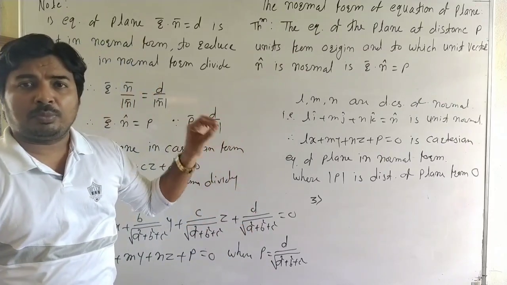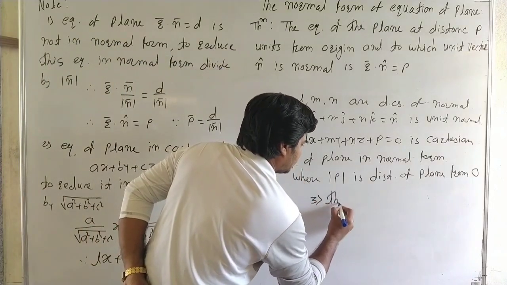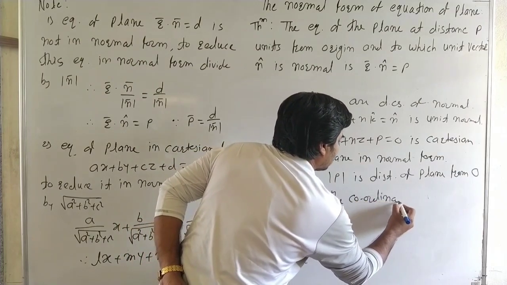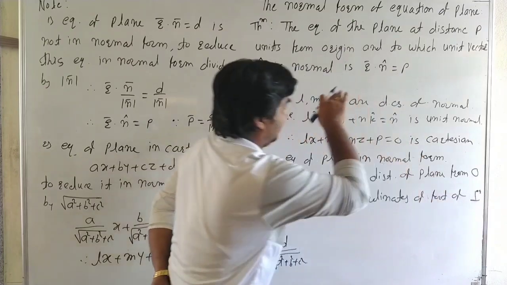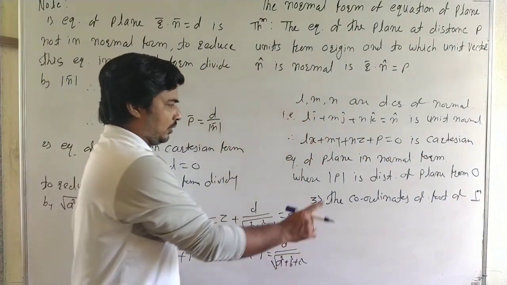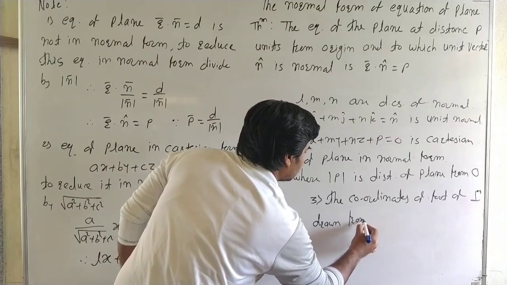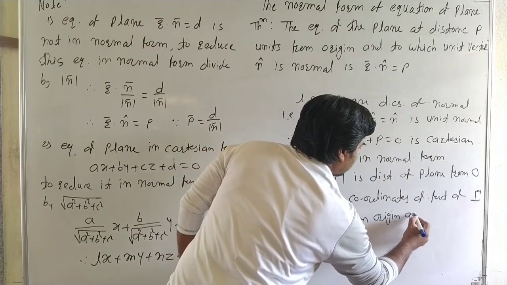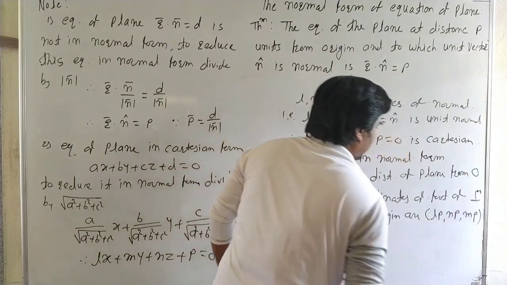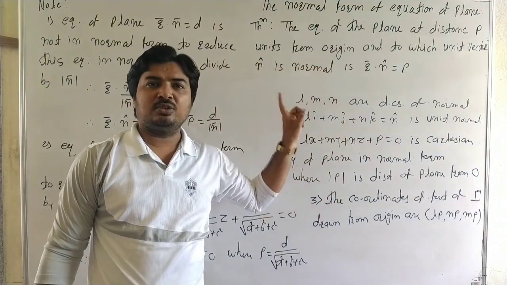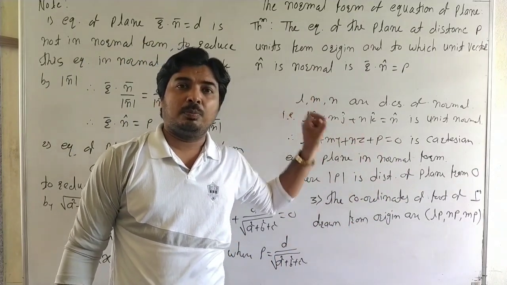Now we can find the foot of perpendicular drawn from the origin. In the last theorem we took the foot of perpendicular as n. Now the coordinates of the foot of perpendicular drawn from the origin are, see carefully, lp, mp, np. Here l, m and n are the direction cosines of the normal, and p is the distance of the plane from the origin.